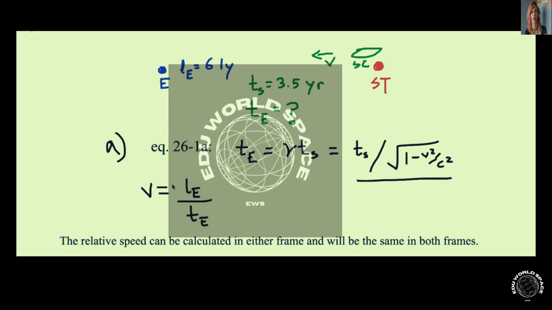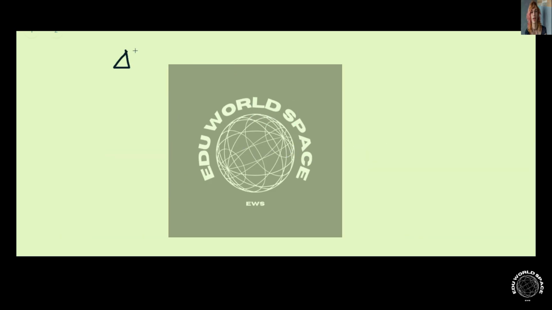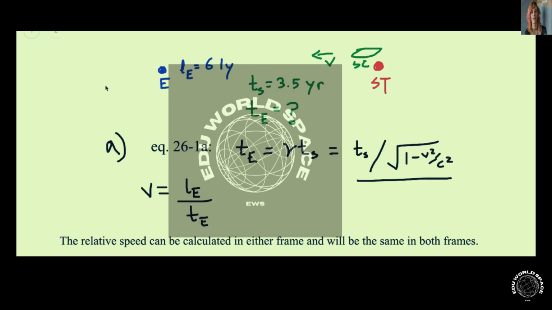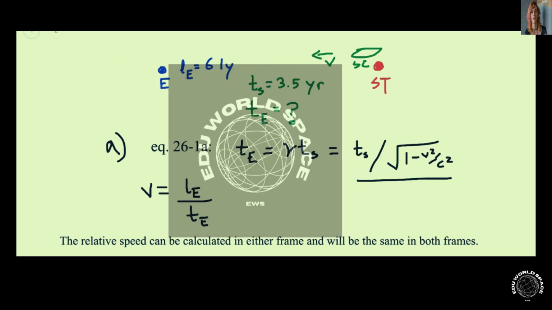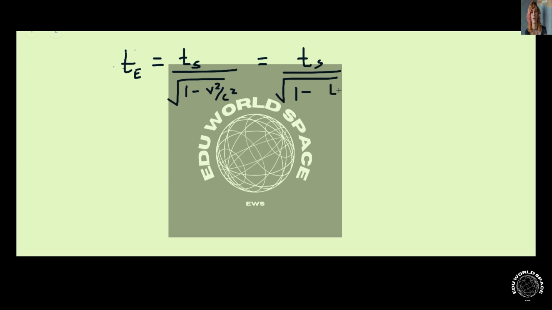And so using this equation and this one over here, we get that the time from Earth's reference frame, t, is equal to the time from the spacecraft's reference frame over the square root of 1 minus v squared over c squared, which is equal to, from this velocity equation here, Ts over the square root of 1 minus, remember v is Le over Te, so 1 minus Le over c times Te, squared.